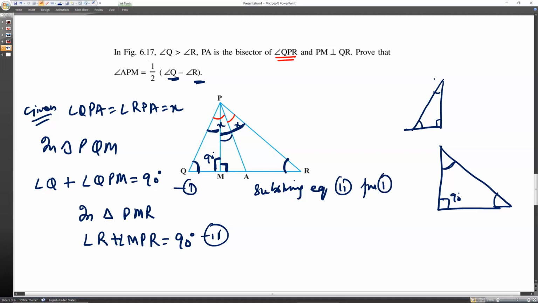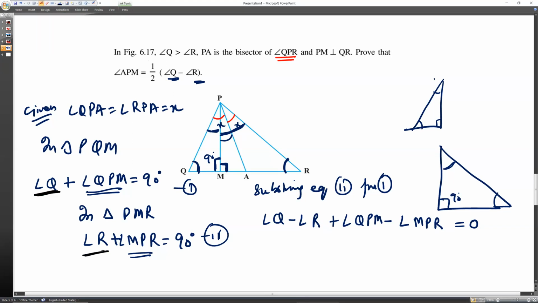So when you subtract it, you will get angle Q minus angle R, plus angle QPM minus angle MPR, and this 90 minus 90 will become equal to 0. Got it? It means I write here Q minus R, and this minus this, and this minus this equal to 0. Got it? You understood, Alvina? Yes, sir.